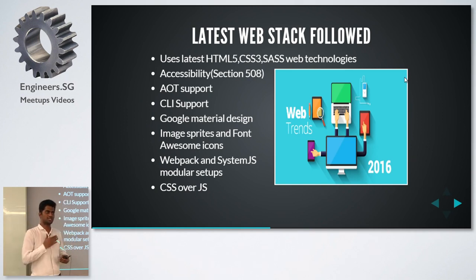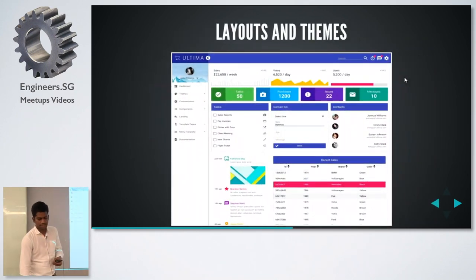Wherever it is possible, JS is reduced and CSS is used, so it will improve the performance. All these technologies and standards are used in PrimeNG. And this is one of the layouts from PrimeNG. Here you can get whatever design you want, and along with these free themes, you can get these layouts as well.